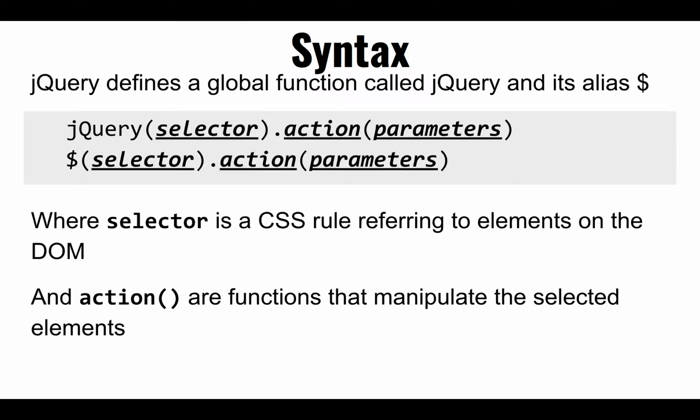Now that I have all the paragraphs and all the H1s, I can apply an action. I can remove them, I can style them, I can invoke click on them, I can set an event handler on them. So there's a whole library of actions. We're only going to skim the surface here. And depending on the action, you have parameters. Make sense? Right. So that's it.